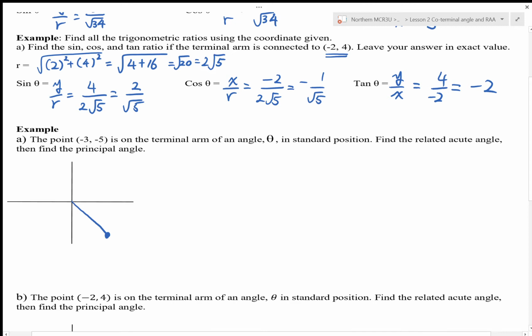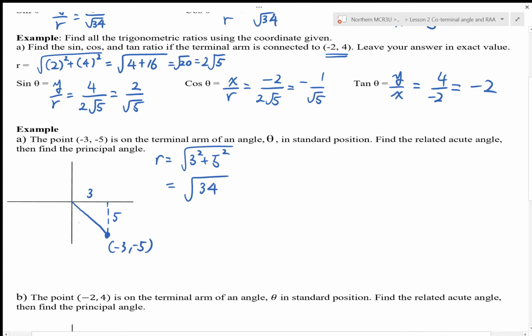Now, let's say then this is (-3, -5). So that means my length here will be 3, my height here will be 5. So my r will be the square root of 3 squared plus 5 squared, which gives me the square root of 9 plus 25, so 34.